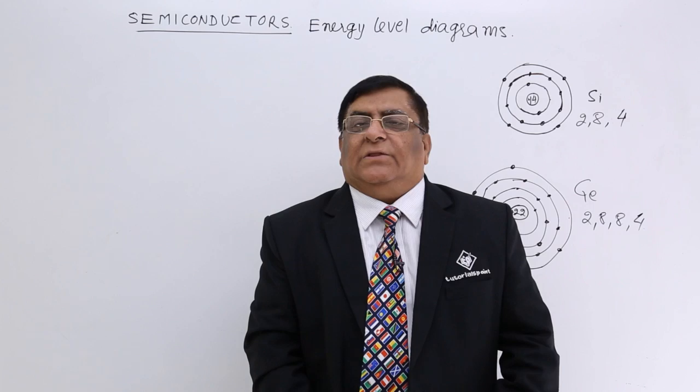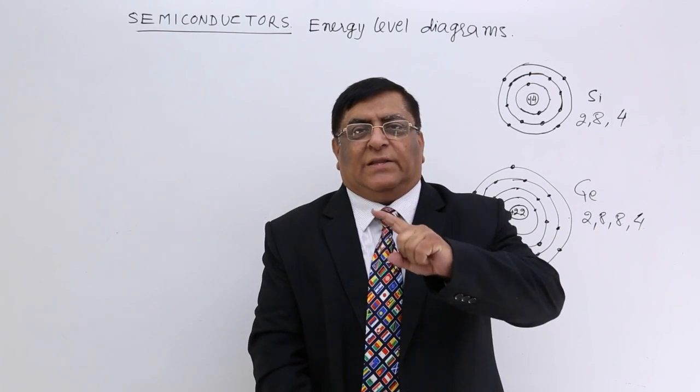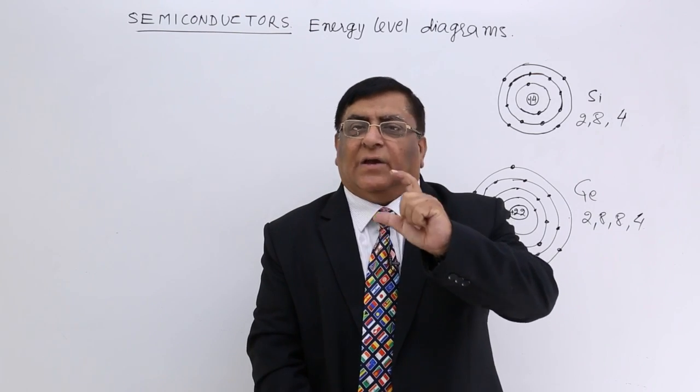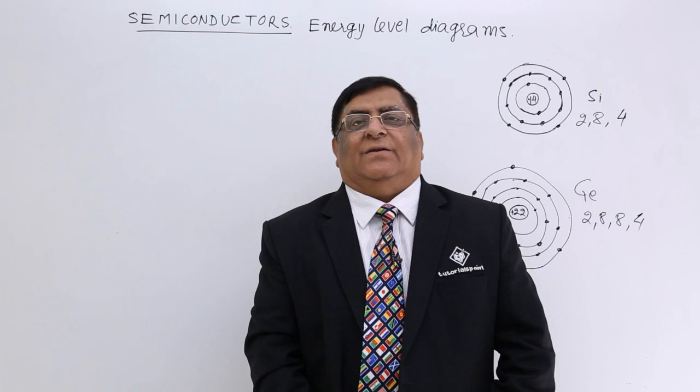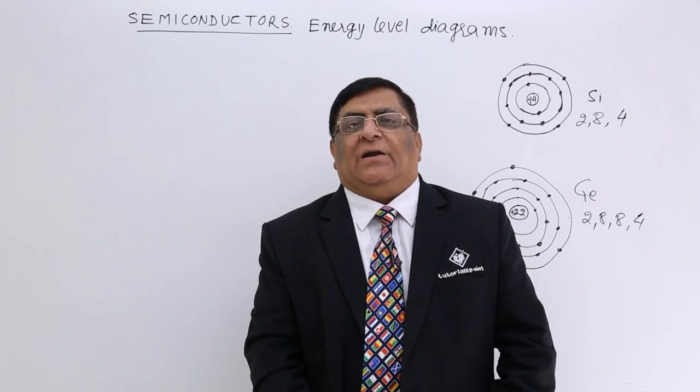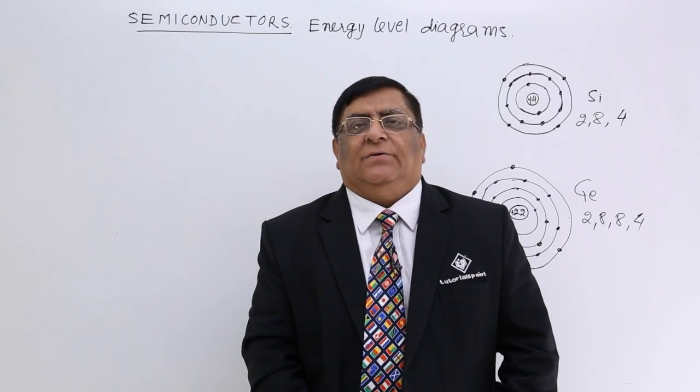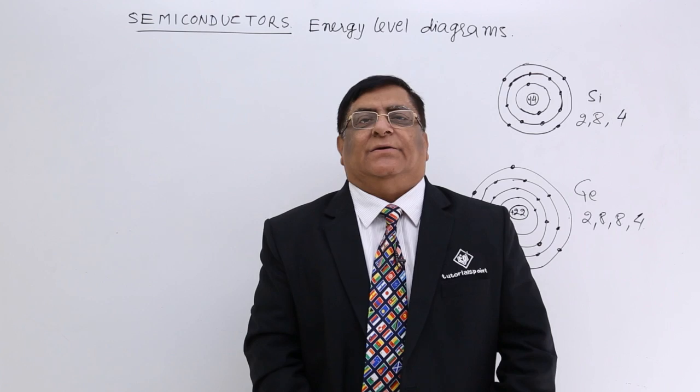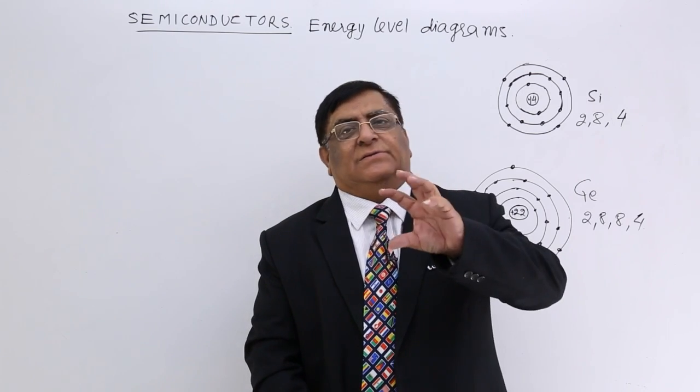Now all these electrons, when they are in an isolated atom, in one atom, then their energy levels are almost similar. There has to be certain difference, but almost they are similar.